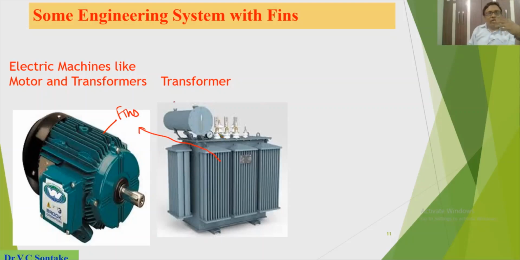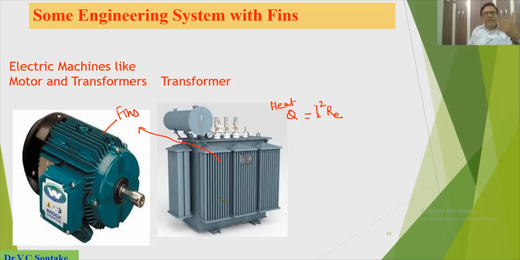Now, from where is the heat generated in these electrical machines? We know these two different machines are carrying current, let's say of magnitude I, and their electrical resistance is Re. So from Joule's effect, this much heat will be generated while electricity is flowing through these two electrical machines.